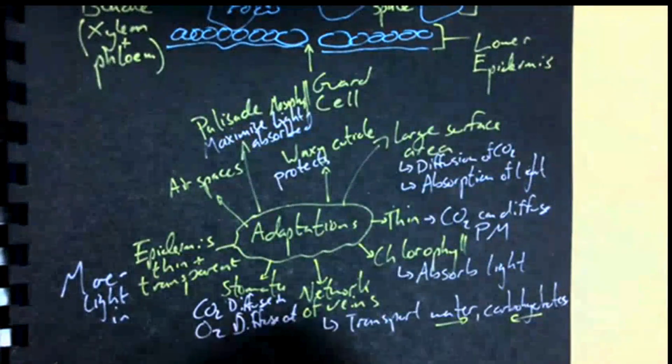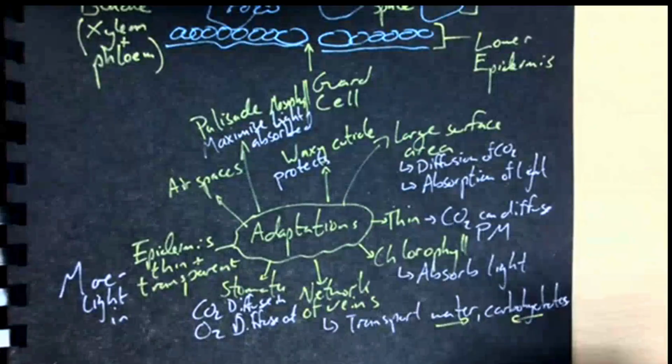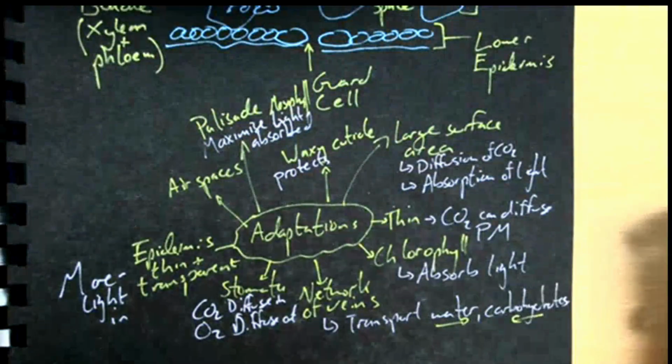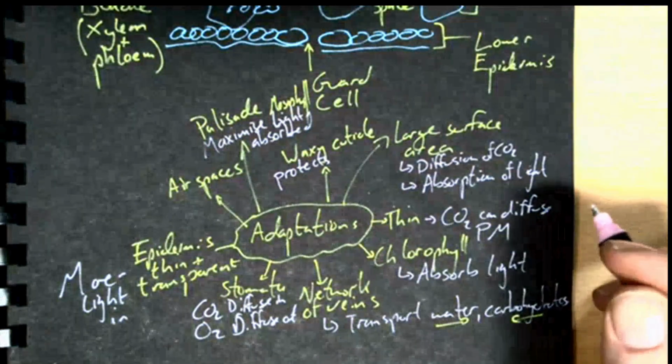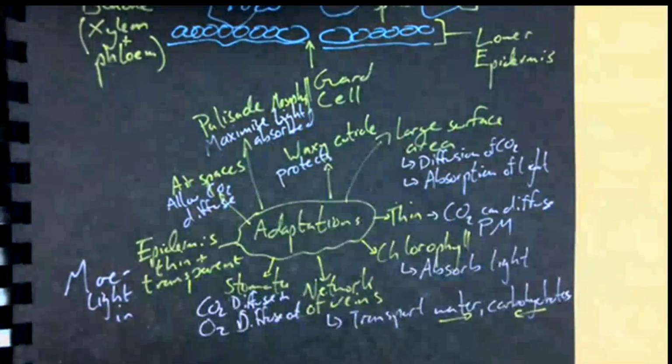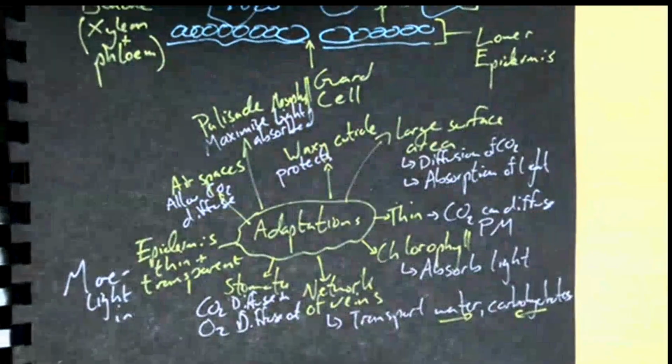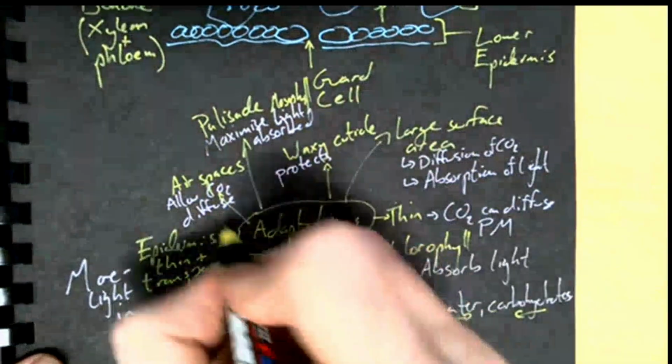We've then got our air spaces in the spongy mesophyll layer, and these are allowing CO2 to diffuse. And then finally, we've got that vascular bundle. Squeeze it in here.